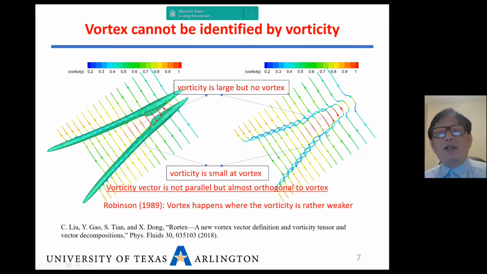Not only in the magnitude, the direction is also different. This is the vorticity direction, and that's the vortex direction. They are totally different. Therefore, we cannot use vorticity to represent vortex. They are both vectors, but totally different definitions.